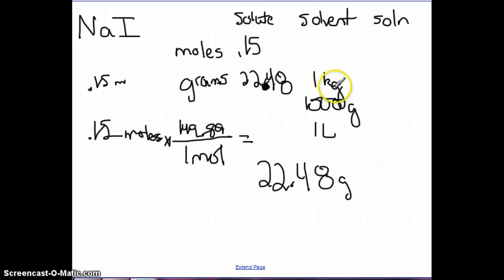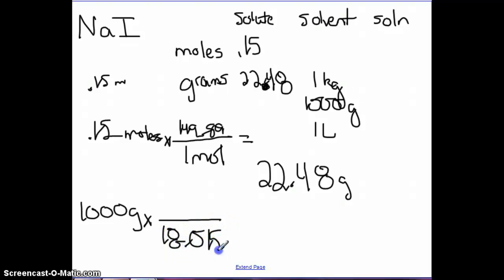All right, now we can get the moles of our solvent. So we got 1,000 grams, and this is water. Always assume your solvent's water unless it's otherwise indicated. Then grams on the bottom would be our molar mass of water, which is 18.0158 grams per 1 mole.